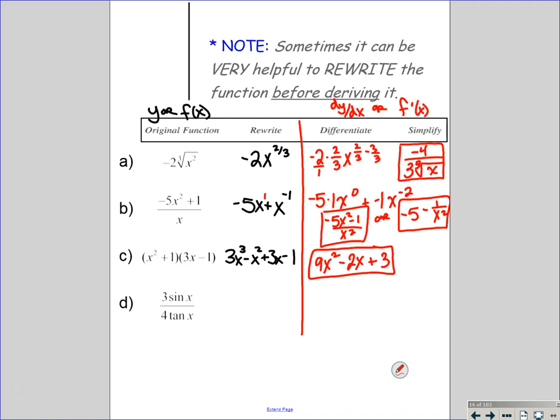Tangent is sine over cosine. So what if I rewrite this to be 3 sine of x all over 4 sine of x? And some of you, basic stuff's going to bite you. It's 4 over 1, 4 sine over 1 cosine. Oh, that's not. Now I have 2 quotients instead of 1.